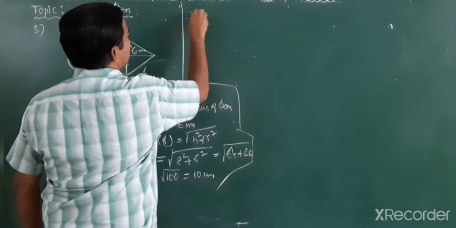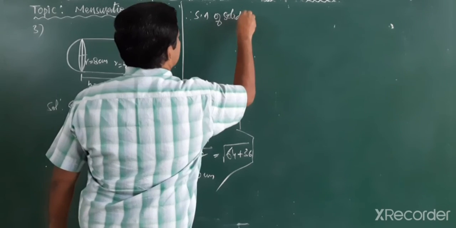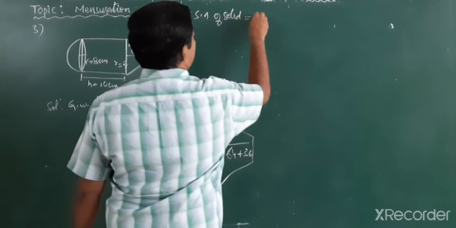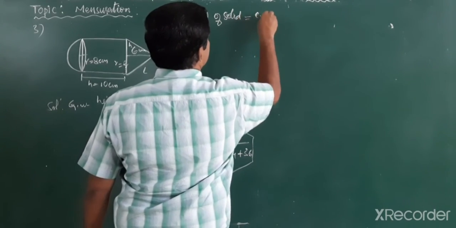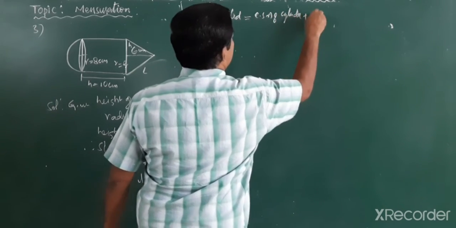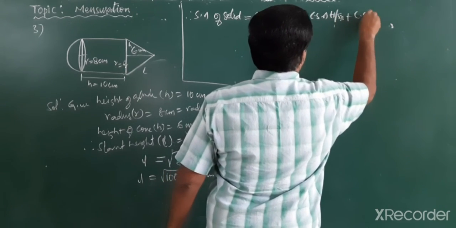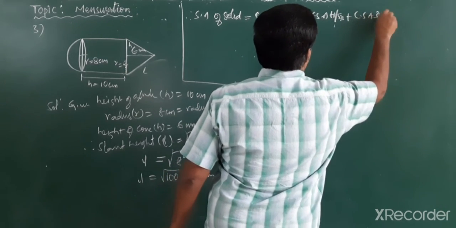Therefore surface area of the solid is equal to curved surface area of cylinder plus curved surface area of hemisphere plus curved surface area of cone.